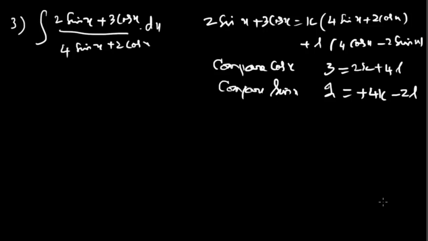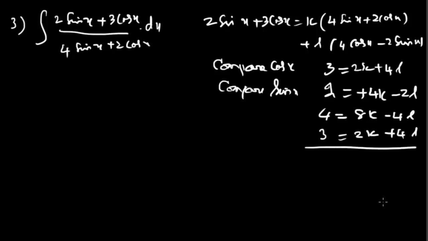So the second equation, multiply by 2, what do you get here? 4 is equal to 8k minus 4l. The first equation as it is, 3 is equal to 2k plus 4l.